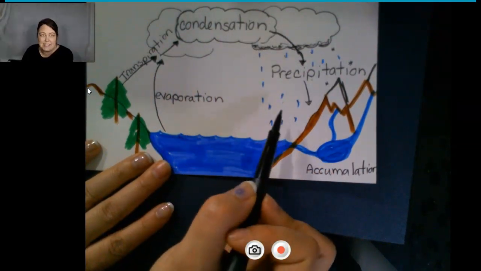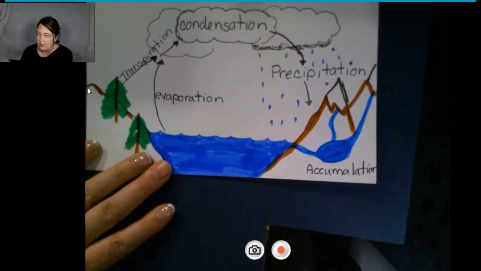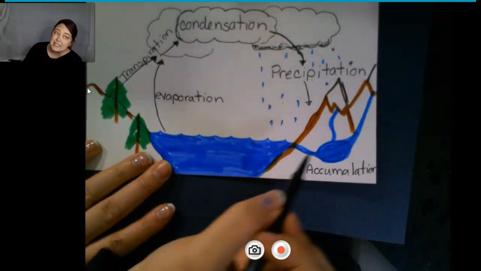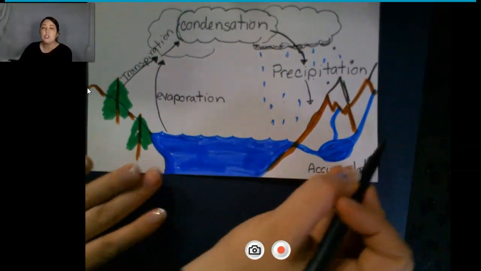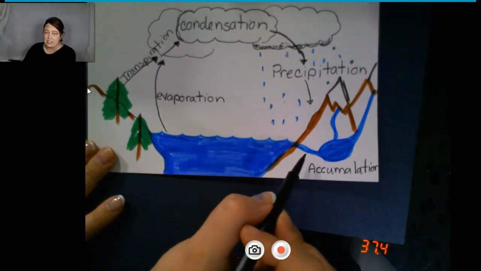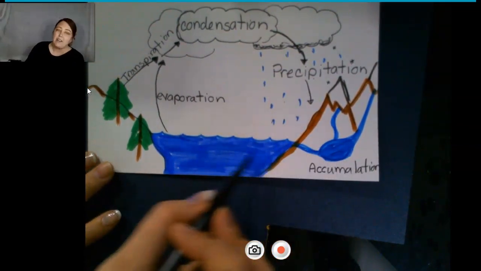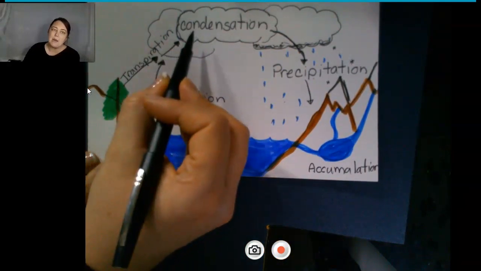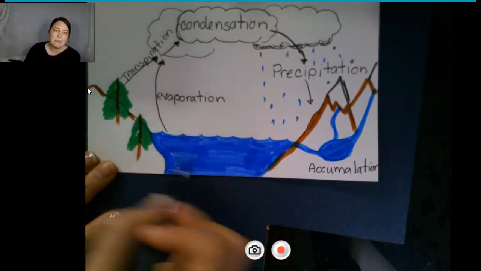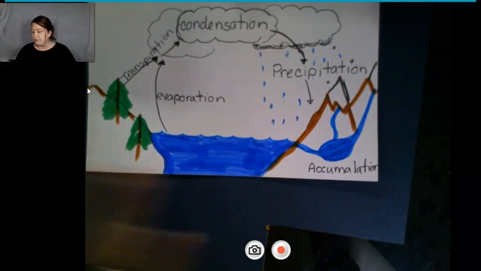Precipitation is the next step in the water cycle, and that's where the water will precipitate from the clouds or rain, snow, hail, sleet, all of those things. Accumulation is where that water accumulates on the ground and gathers into lakes, ponds, streams, puddles. After that, it will evaporate back up into the sky. Evaporation is, right? So that's exactly what you're going to be doing for your essay.